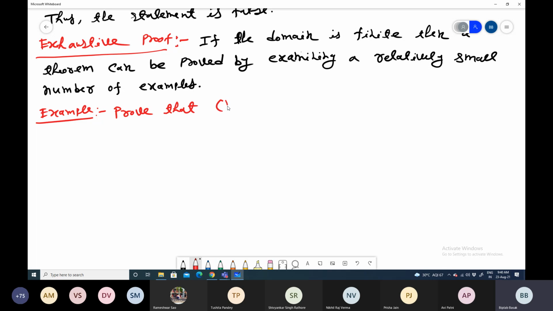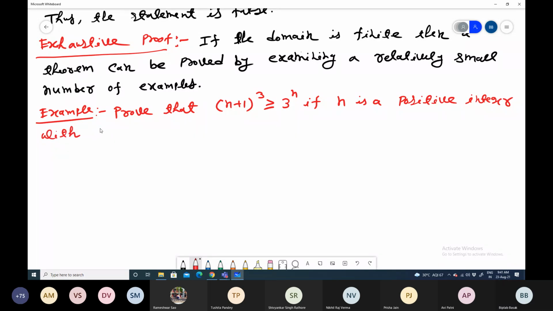So prove that (n+1)^3 ≥ 3^n if n is a positive integer with n ≤ 4.